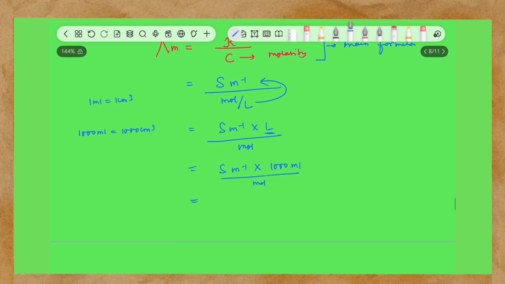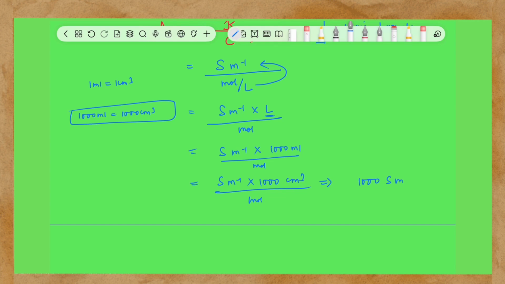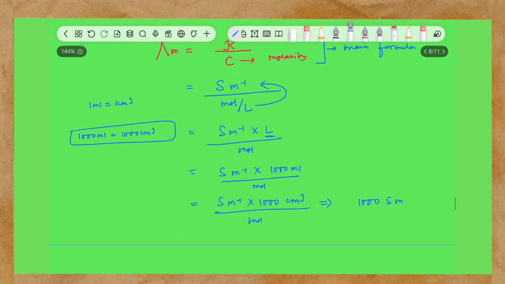Then I can also write ml in terms of centimeter cube. We have just derived that 1 ml equals 1 centimeter cube. Then it will become 1000 Siemens.